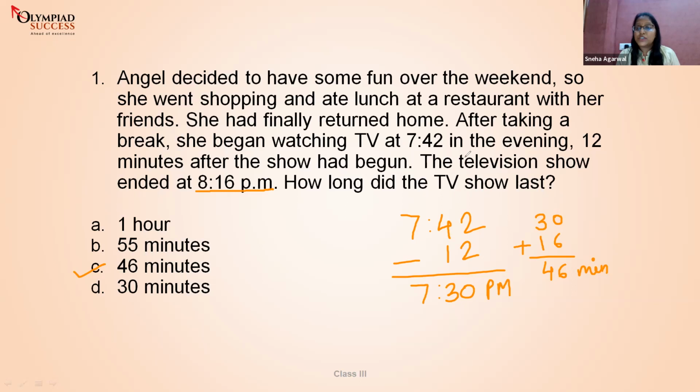That means the show already began 12 minutes before that. So you can easily subtract 7:42 minus 12 minutes, which will give you 7:30, right? So if the show is starting at 7:30 and it's getting ended at 8:16, we are having 46 minutes over here. So the show is lasting for 46 minutes. Got it?